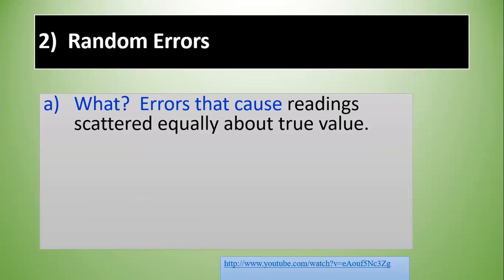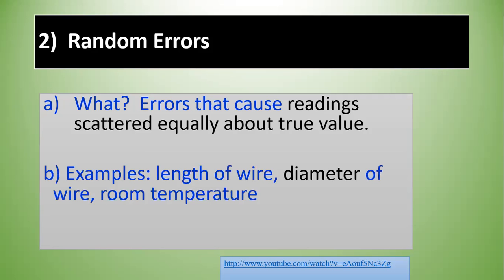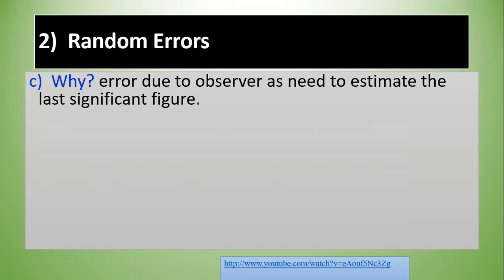Okay, so you should be able to define what random error is: the errors that cause readings to scatter equally about the true value. Examples are measuring a length, the diameter of a wire, or room temperature. What's the cause? Error due to the observer, who has to estimate the last significant figure.